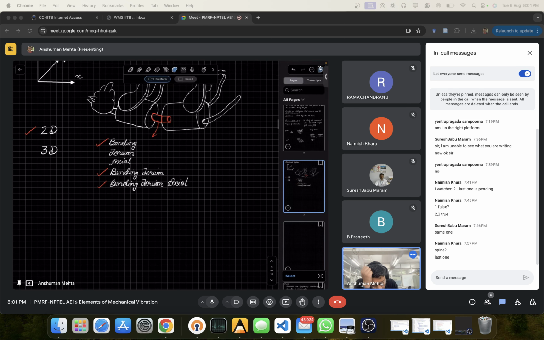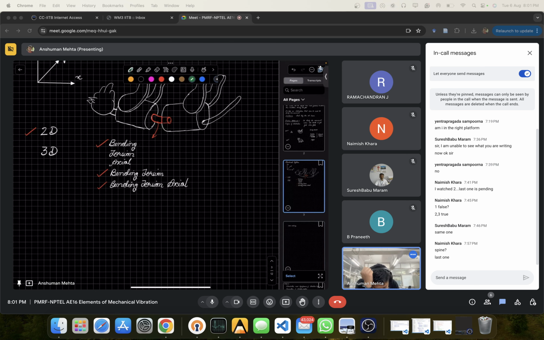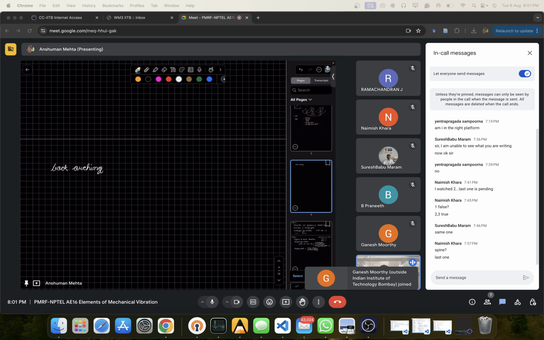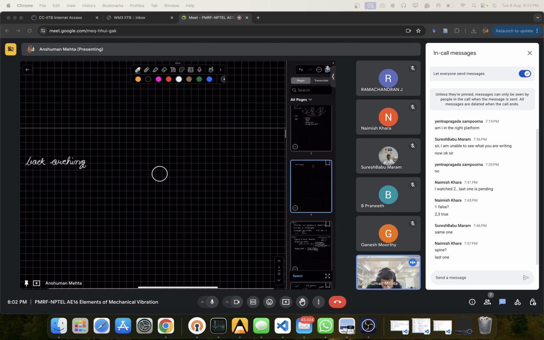That means that out of these three can be correct option, which are the only three which we have marked. Now, how this back arcing will look like. So instead of the full figure of the face, I will just draw this, and mouth I will put like this.